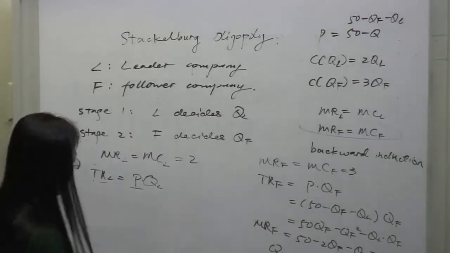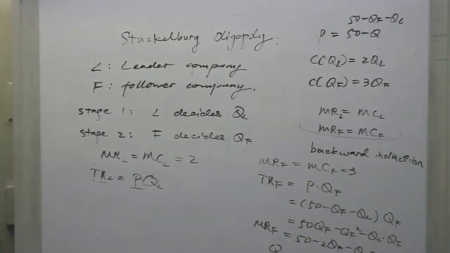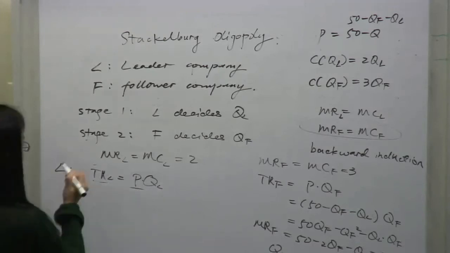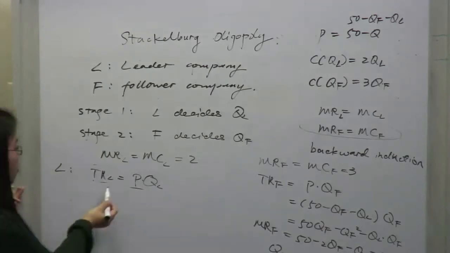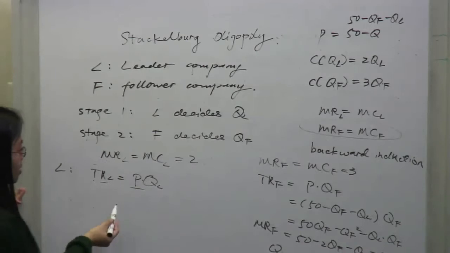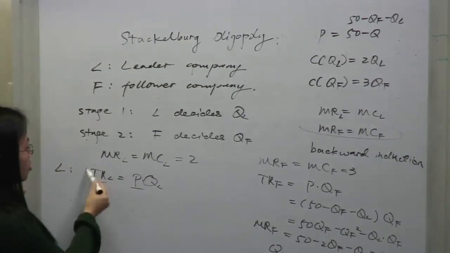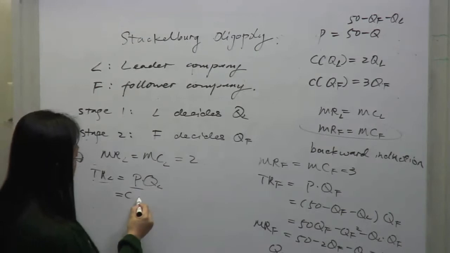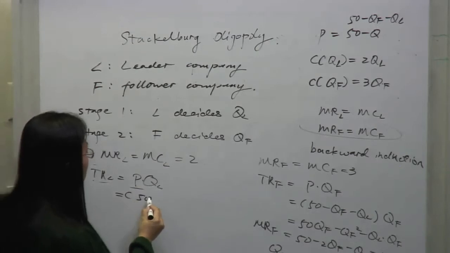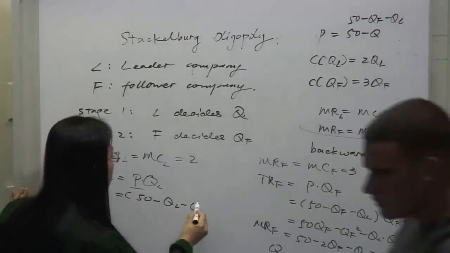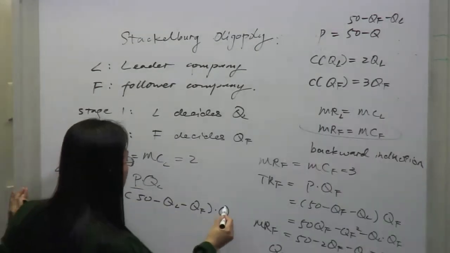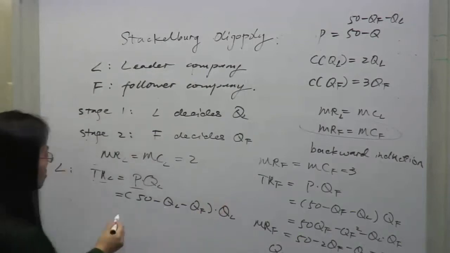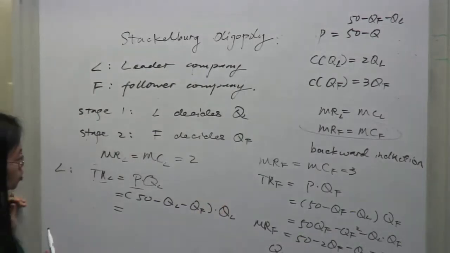All right. So now, after I get this QF, I go back to the leader's problem. For the leader's problem, we still have to find the total revenue for the leader, which is 50 minus QL minus QF, multiplied by QL.